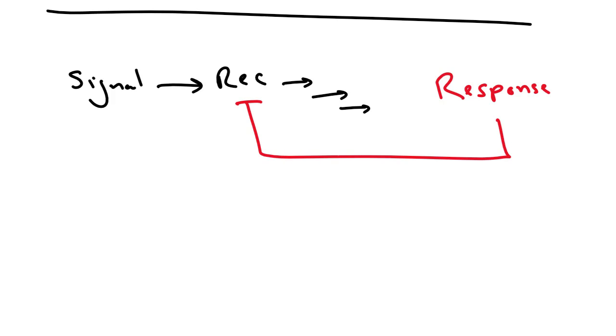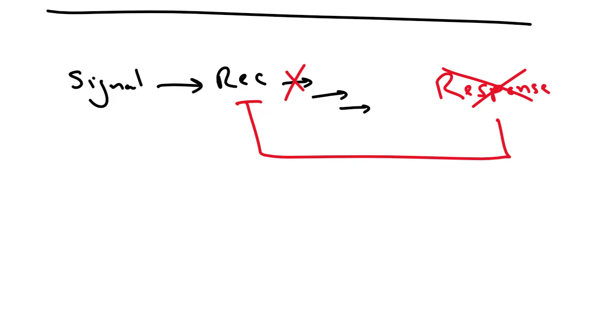So as the signal persists, the negative feedback also persists, and there'll be a deactivation of the receptor so that this does not occur as much anymore. So the response starts to wane.